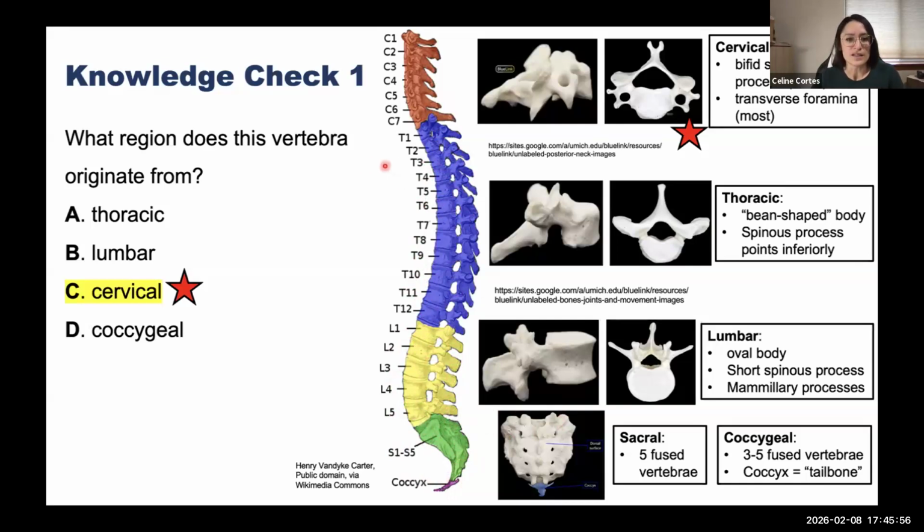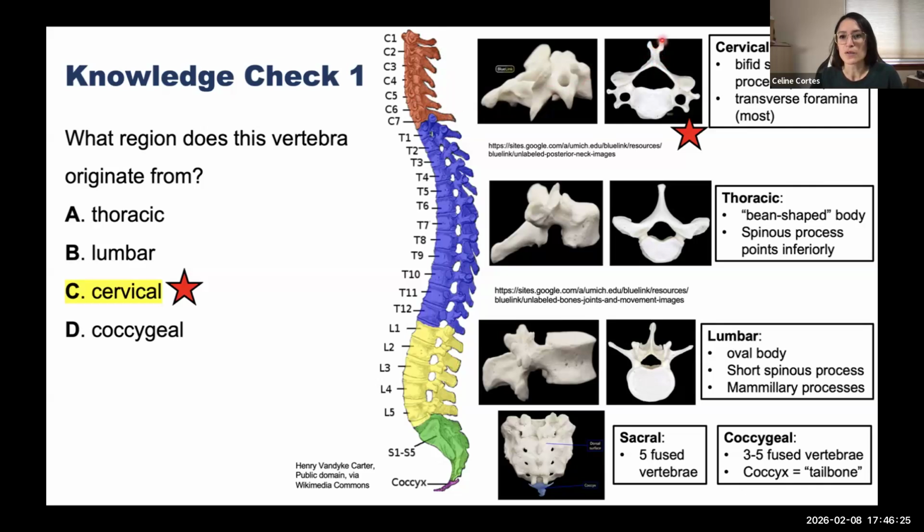A couple things can be pretty helpful in terms of looking at the different types of vertebrae. Most of the cervical vertebrae, not all of them, but most of them, have something called a bifid spinous process. That essentially means that spinous process, the part of the vertebrae that's projecting posteriorly, has a little split going on there in quite a few of the cervical vertebrae.